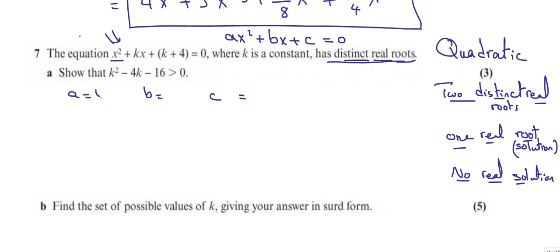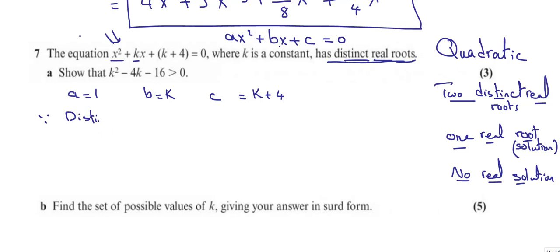It's not written, but you should understand it's 1. B is the coefficient of x, يعني الرقم اللي جنب الx هو الk. C is the constant term, اللي هو الرقم اللي ما فيهوش x, الconstant اللي في الآخر ده, k plus 4.